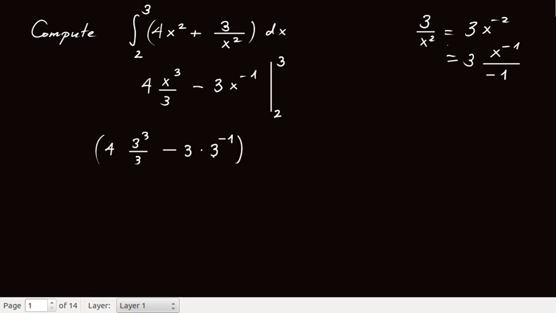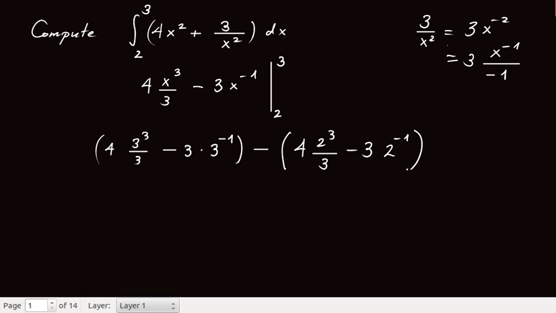So that's the first part, that's capital F of b, minus, and now I have to plug in the 2. So I use a parenthesis first: 4 times 2 cubed over 3 minus 3 times, and then 2 goes in for x here, so I get 2 to the minus 1, parenthesis.